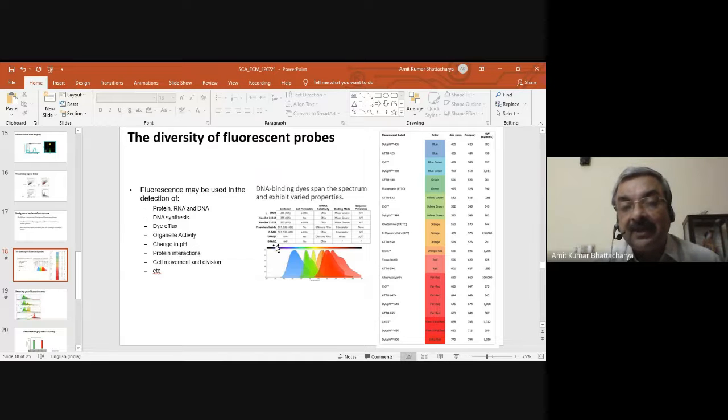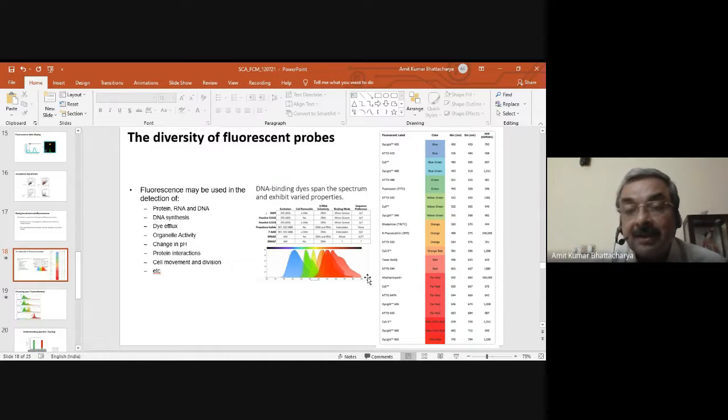And then you have a dye here called DRAQ5, which is very live cell friendly. It goes inside live cells very easily, and it also emits in the red region.